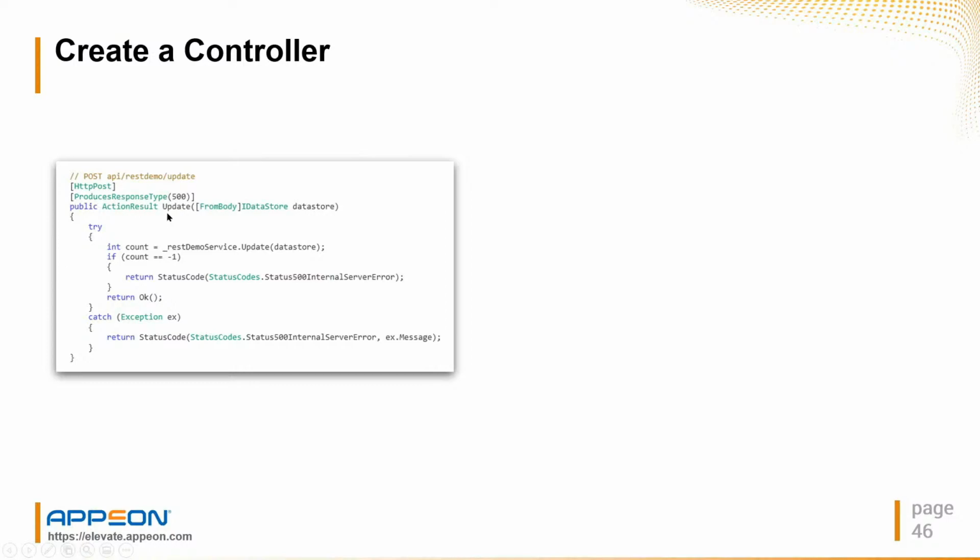So anyway, we have an action result because that's what these services return. We have the update method, we have the FromBody declaration, we have it passing in the data store, just like the service method gets. What I'm going to do is a try here, try to do the update. The reason I put it in a try block is in case this throws an exception of any kind, and I'll just return a 500 code.